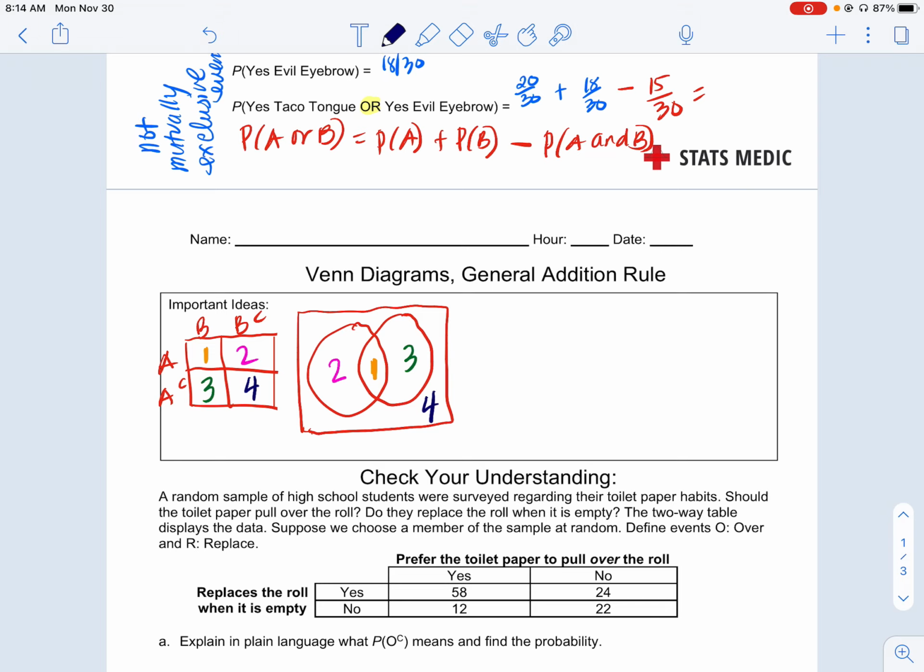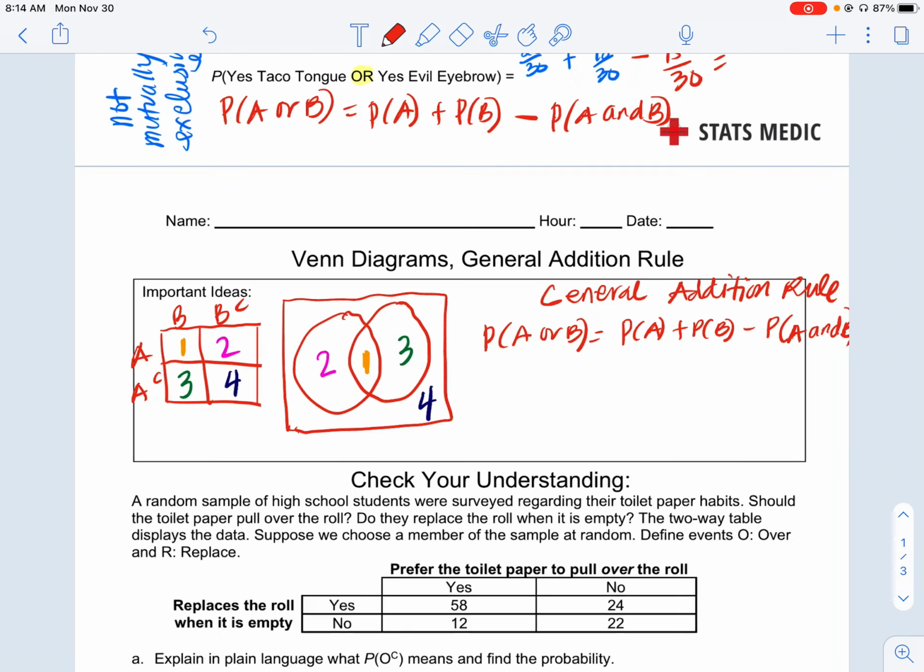All right. So now we have what we call the general addition rule. General addition rule would be P of A or B is equal to P of A plus P of B minus P of A and B, so the combination of both of them.